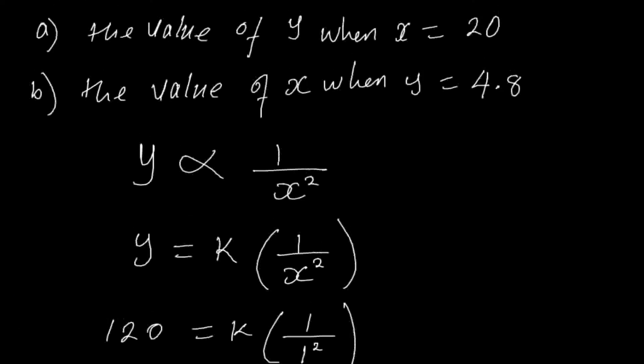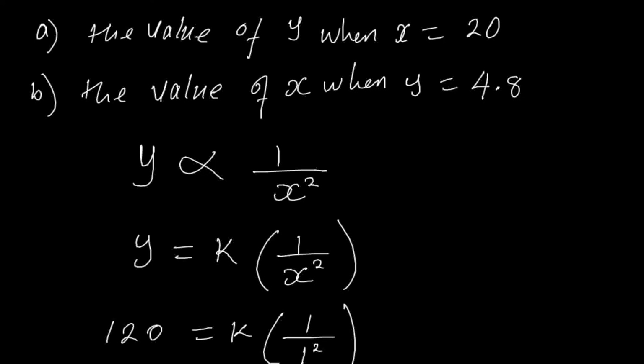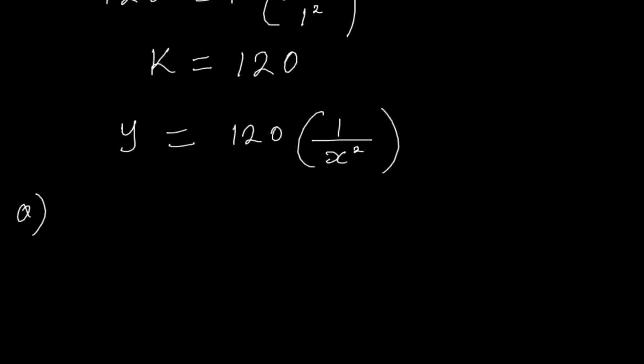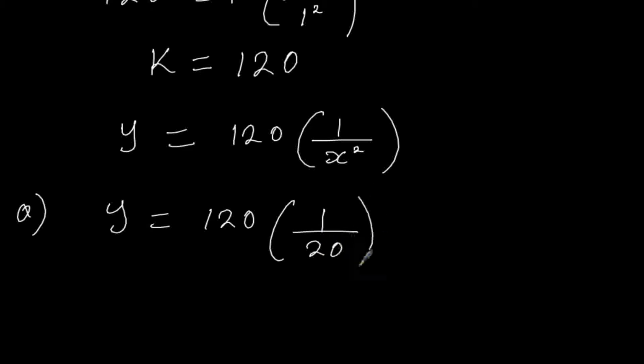Part A asks us to find the value of y when x is equal to 20. So I just come here and substitute in the value of x. So y is equal to 120 into 1 out of 20, but our x is squared, so I square that.